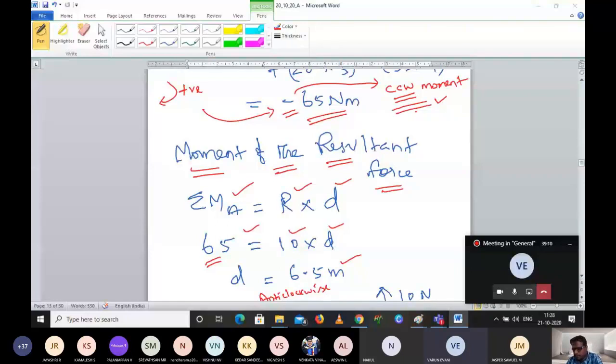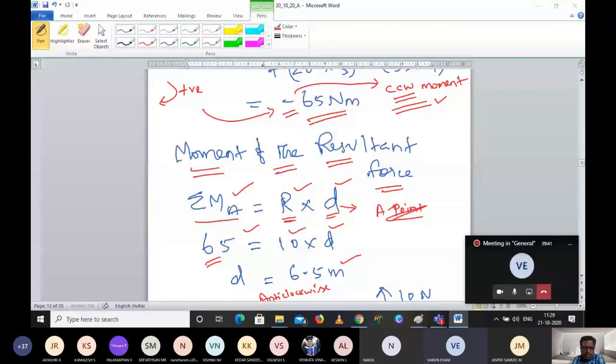Okay, if you are assuming those forces. So once we have done that, I told you that you have to calculate the moment. So the moment we have calculated is minus 65 Newton meter. Now we have to calculate where the resultant force is acting. For that, we know the formula: summation of all the forces' moment at point A is equal to R, the resultant, multiplied by the perpendicular distance with respect to point A. Please be clear when you are defining.